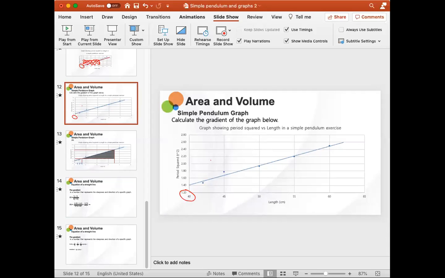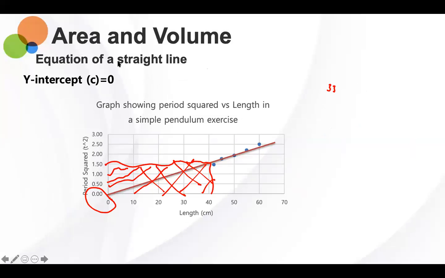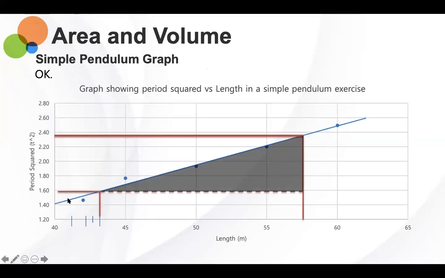Let me just repeat for the persons who are just coming in. This particular graph here and this graph are the same thing, right? You'll find that they're the same set of values.